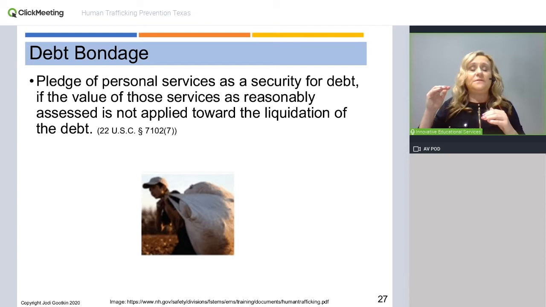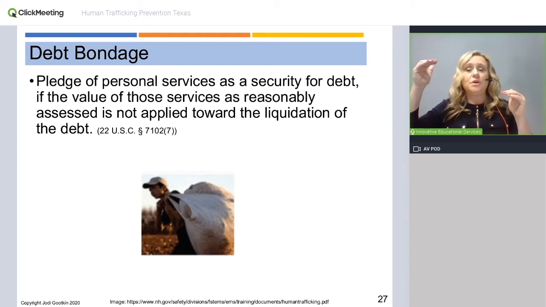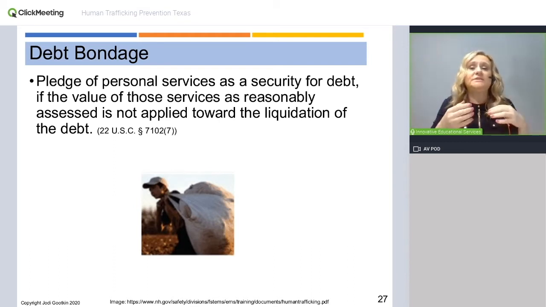And the fee that the trafficker is charging keeps going up, and the wage that they're giving the worker will never catch up. The trafficker ends up keeping all the money, the individual is still in debt to the trafficker, and they have nothing for themselves while enduring these inappropriate, intolerable circumstances, and that's debt bondage.